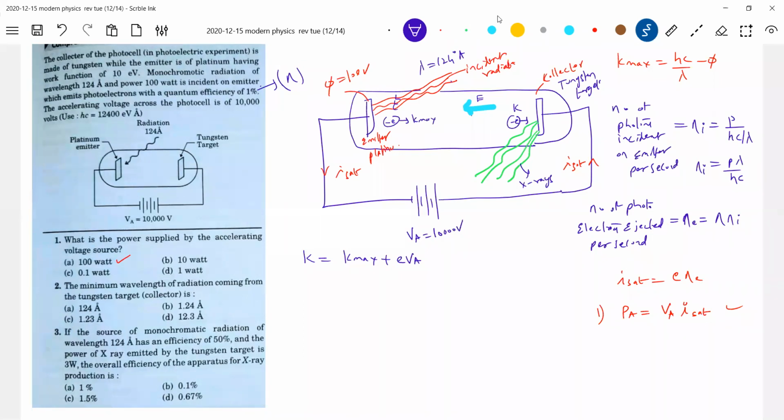Minimum wavelength, how to bring that? I think that's why this K is needed. This is the second part of the problem. We know this K should be equal to hc by lambda, where this is the cutoff wavelength.